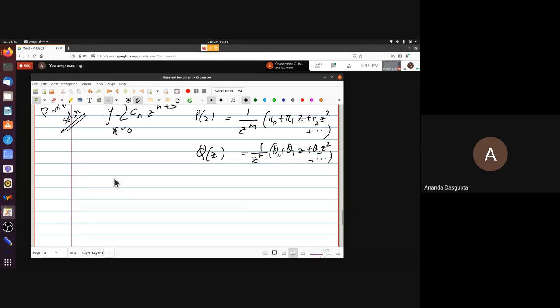Okay? That P of z can have a higher order pole, Q of z can have a higher order pole, any order pole. And let's see how this tells me that m cannot be more than 1 or n cannot be more than 2. If you want a solution of this kind, Cn z to the n plus s, sum over n equals 0 to infinity.